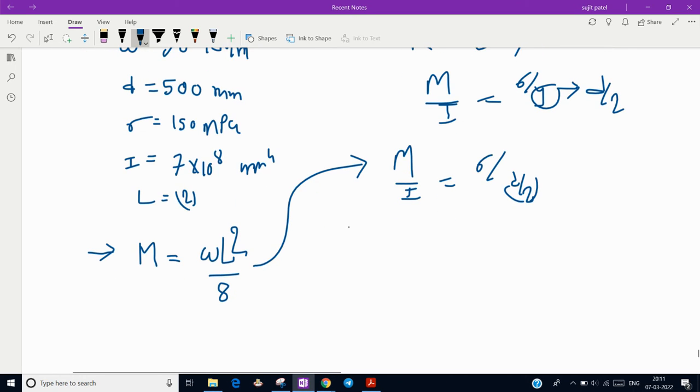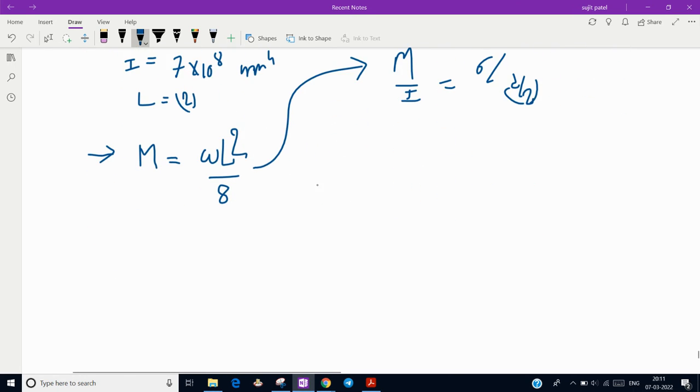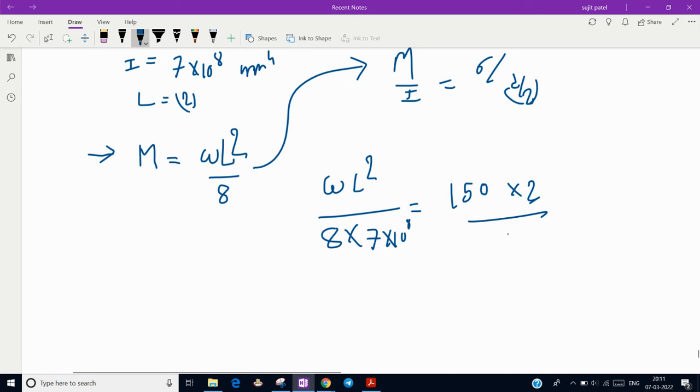There is nothing to worry about it. So put the value: small w L square by 8 is the maximum bending moment. The I value is 7 into 10 power 8, sigma is 150 megapascal, and D by 2 is 500 by 2.